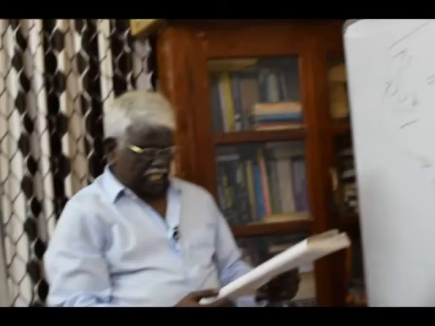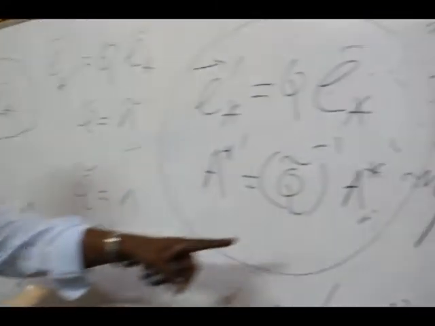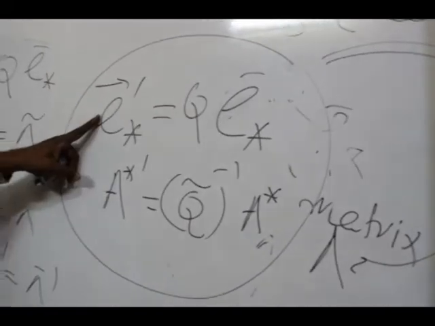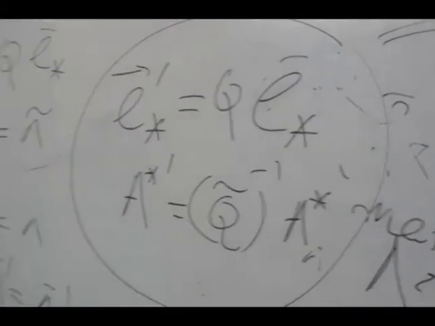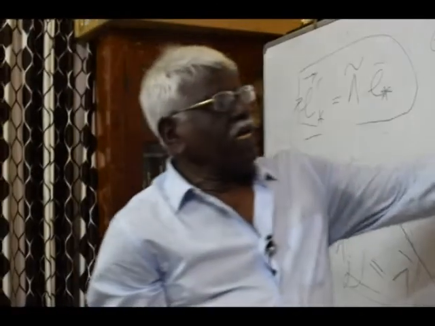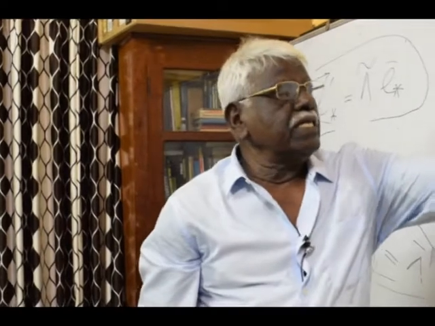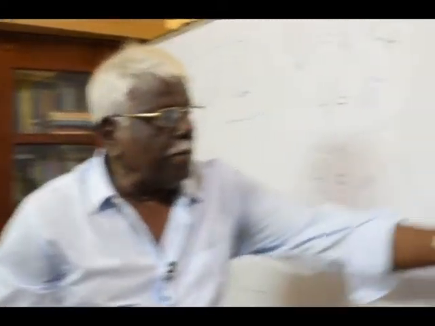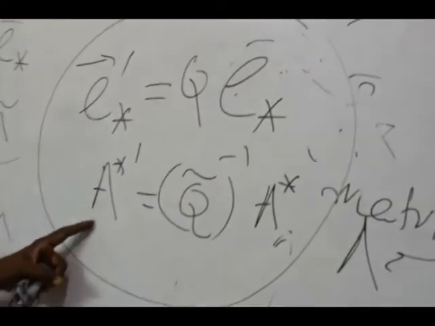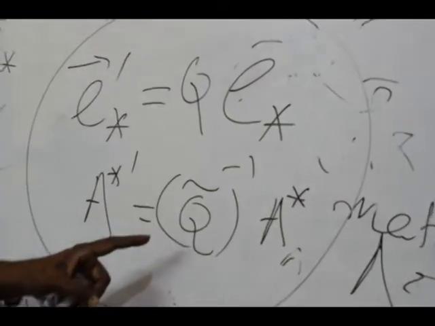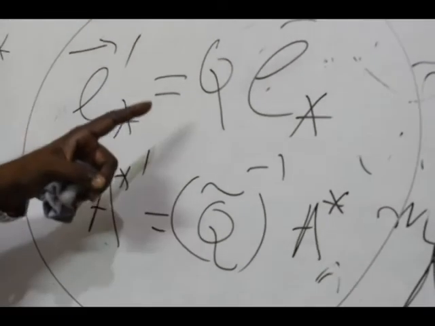Thus the law of transformation of contravariant components of a vector A is given by the inverse transpose matrix of the law of transformation describing the change of basis. This is the transformation for basis change, Q times this. This is the transformation for components, equal to the inverse of the transpose of the basis change.